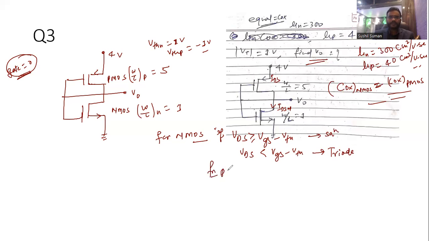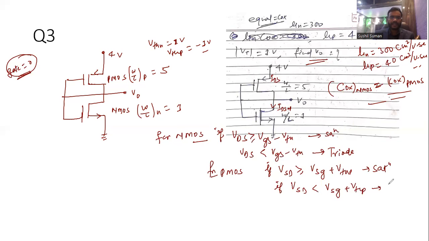For PMOS, if VSD is greater than VSG plus VTHP, then saturation; and if VSD is less than VSG plus VTHP, then triode region. So this is the formula.